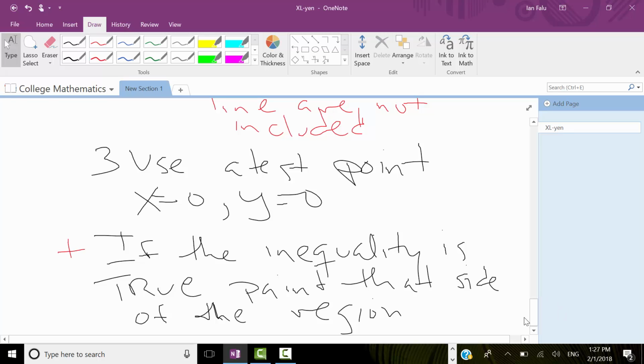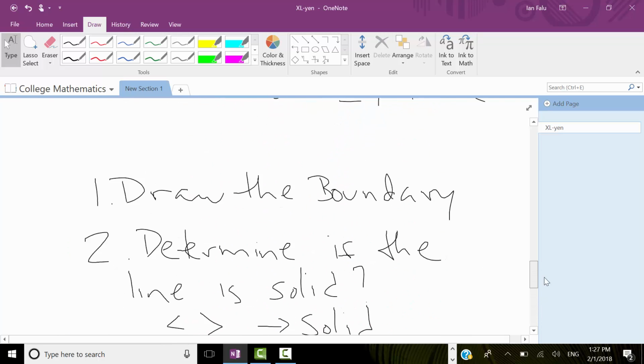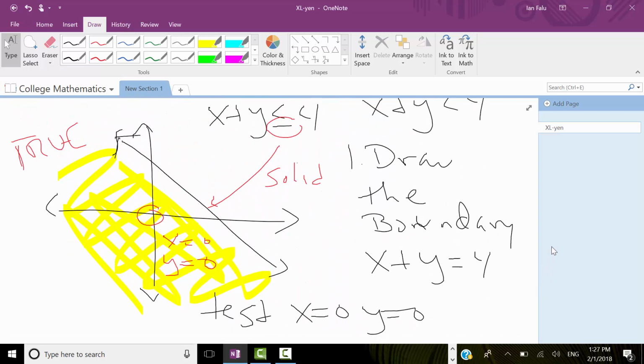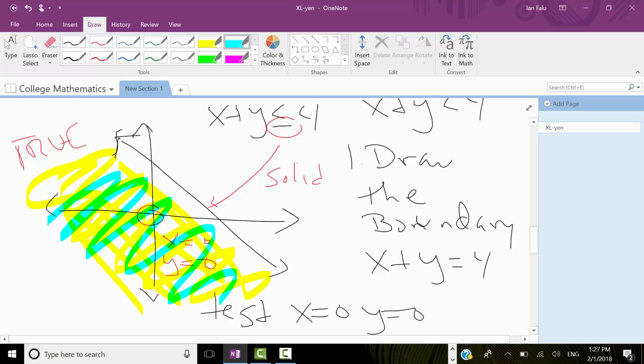And that's what I did here. Okay, the inequality was true, so I had to paint this side, right? Let me use another color so you can see. So I had to paint this side because the inequality is true.